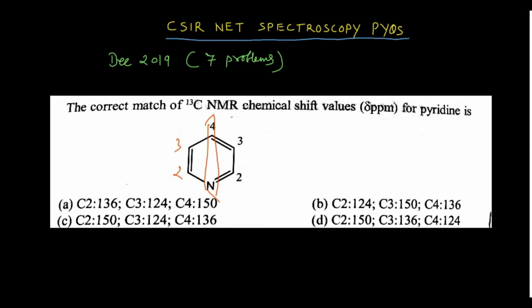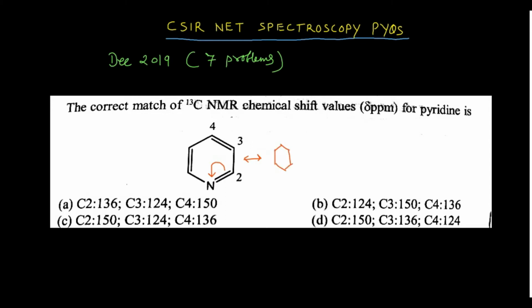To solve this kind of problem, you will draw the resonance structures for the molecule. We can very easily see what can happen in that case. This electron pair which is here can come onto this nitrogen atom, and when it comes onto the nitrogen atom, you can make another structure.